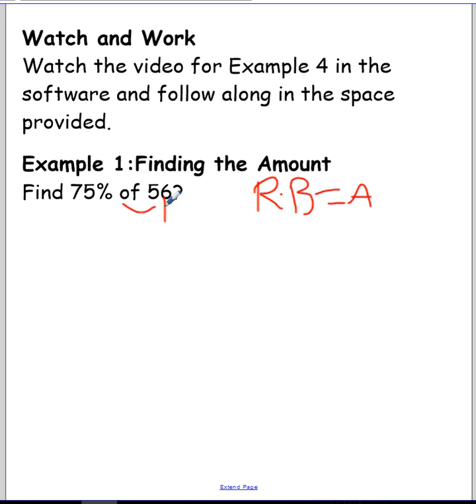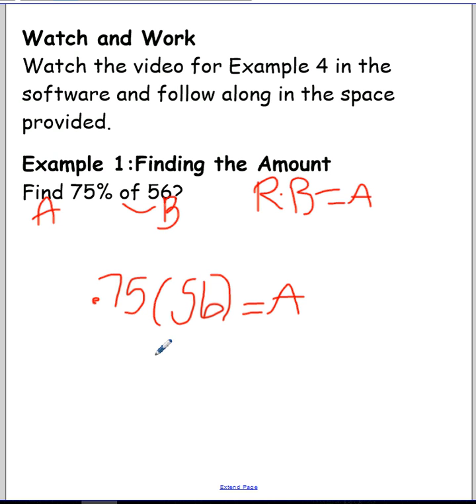Again, "of" tells us it's of the total amount, the B, so we're finding the A value. 75% as a decimal R is 0.75 times our B, 56, equals what amount, A? All we have to do is grab our calculator and type that in to find our answer of 42. So 42 is our A value.